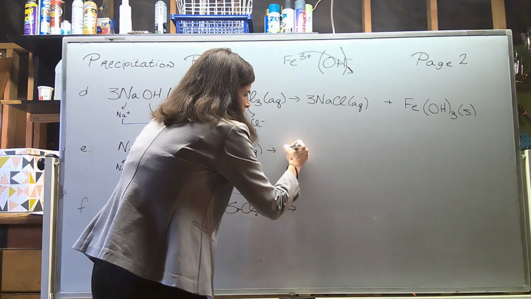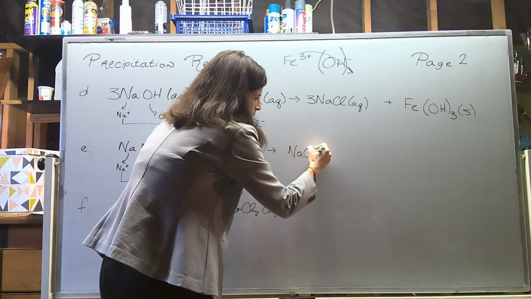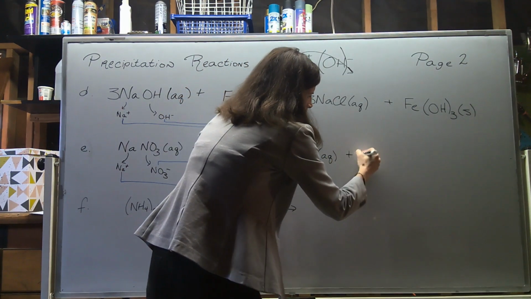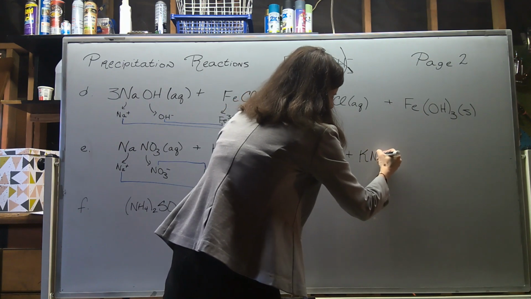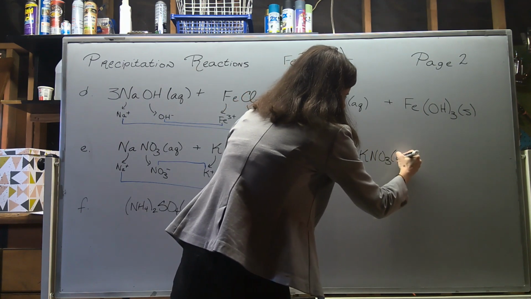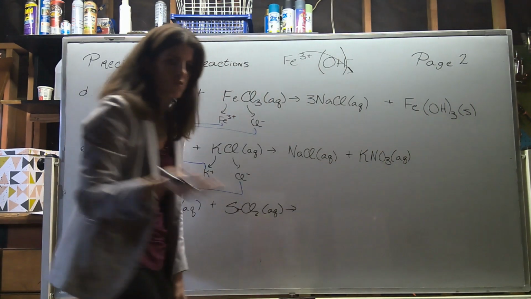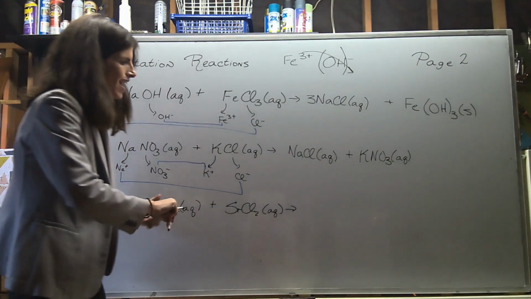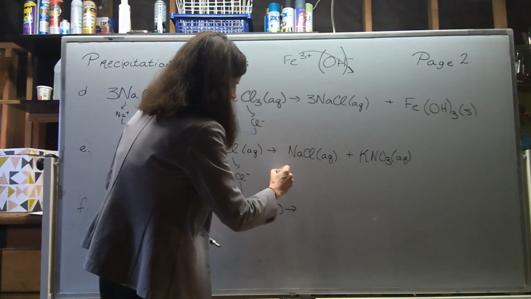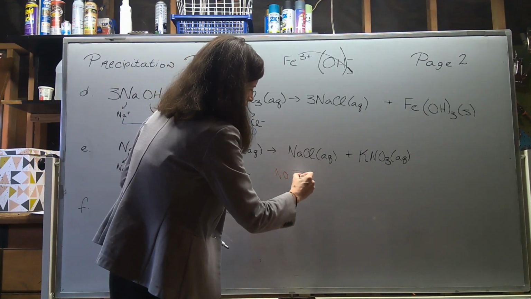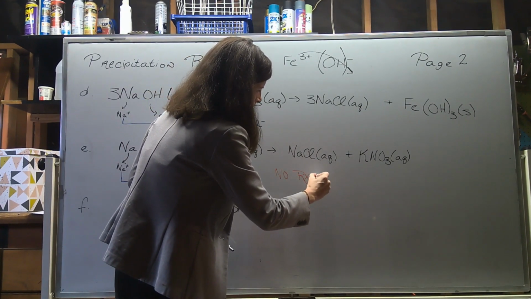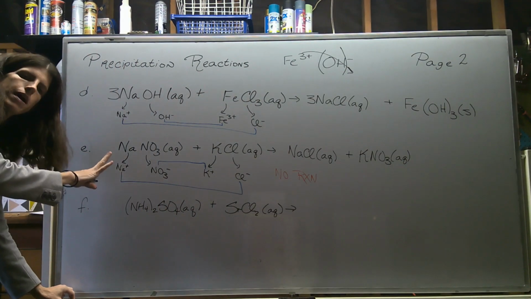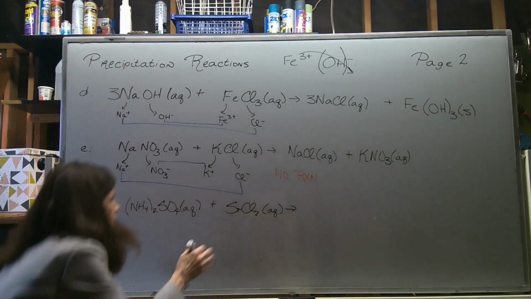So we have NaCl, which is aqueous because it has a group 1, and potassium nitrate, which is also aqueous because my favorite rule, group 1s are always soluble. At the end of the day, the answer to this one is no reaction. This is one of those boring ones. Don't have to balance it if it's no reaction. Let's do this last one here.